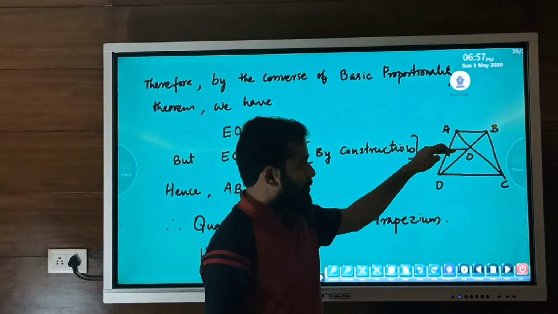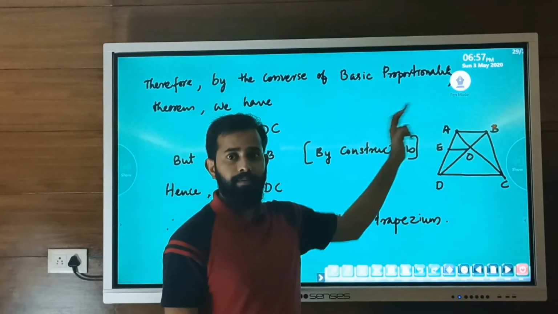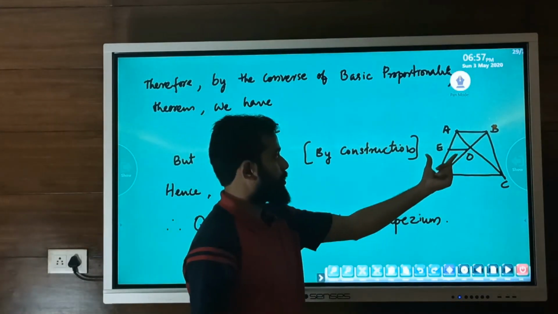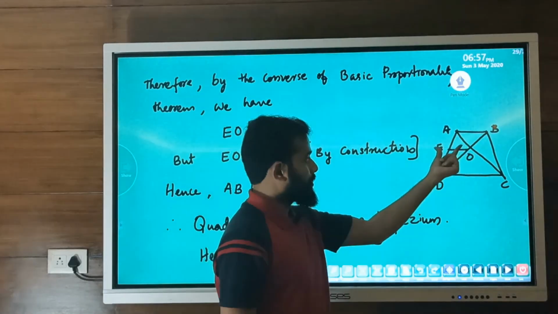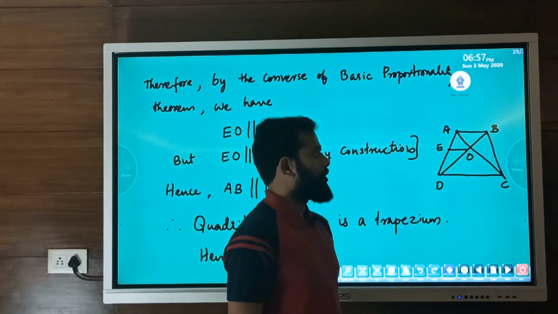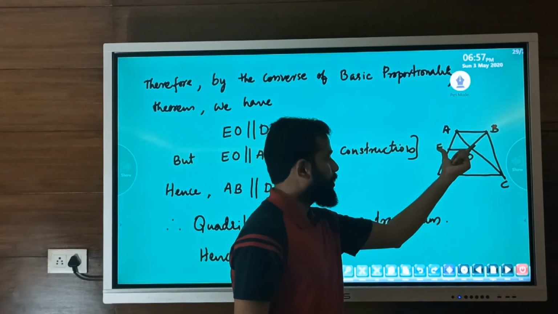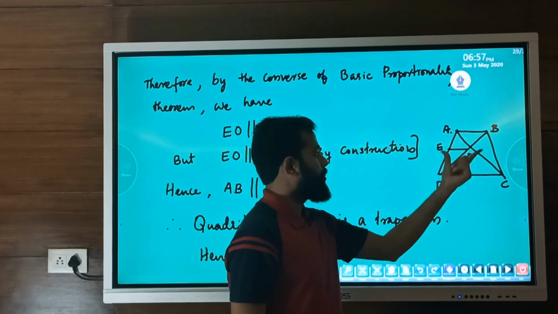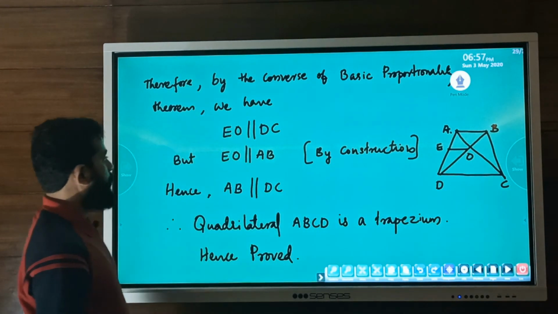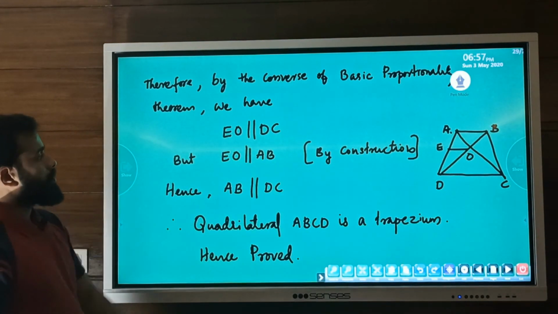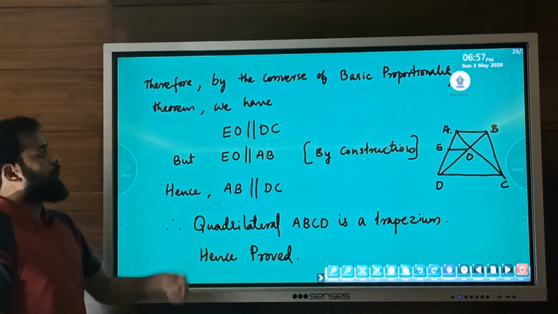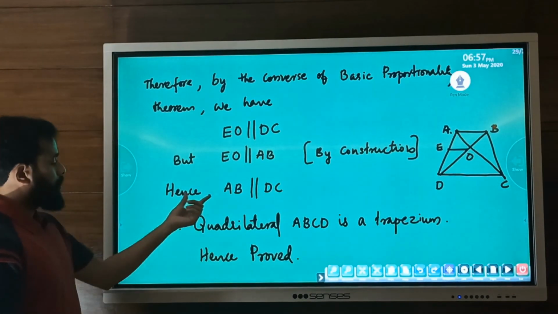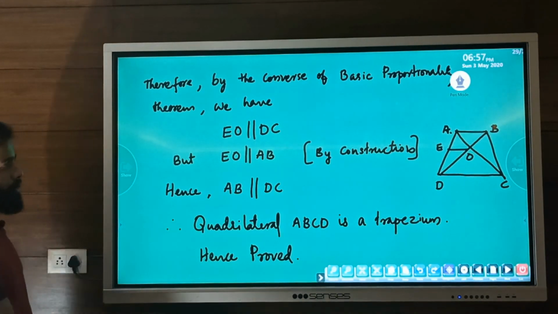EO is parallel to DC, but EO is parallel to AB by construction, therefore AB is parallel to DC. In a quadrilateral, if a pair of opposite sides are parallel, the quadrilateral becomes a trapezium.